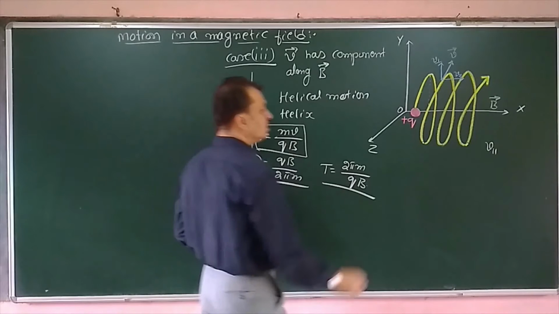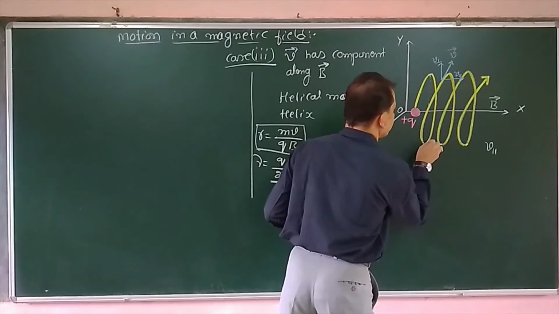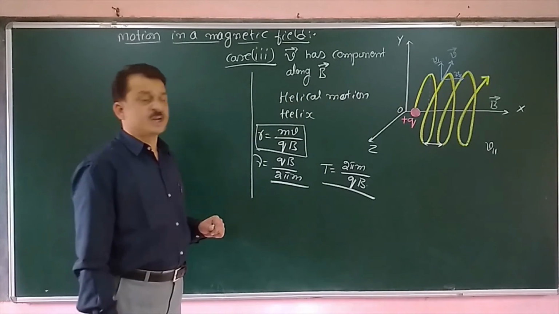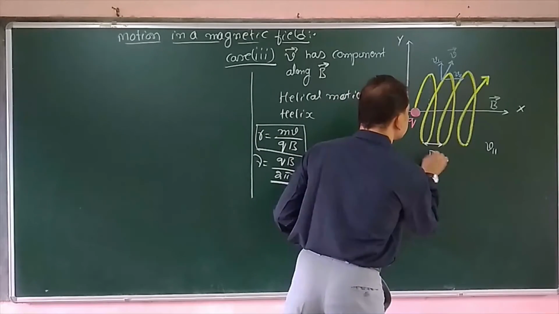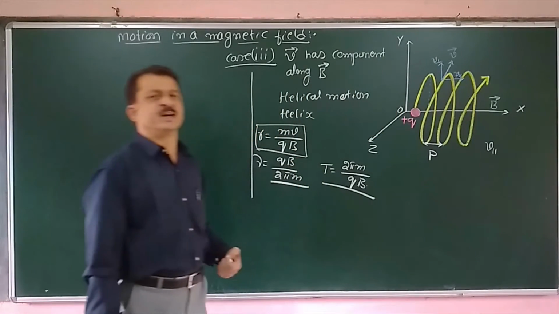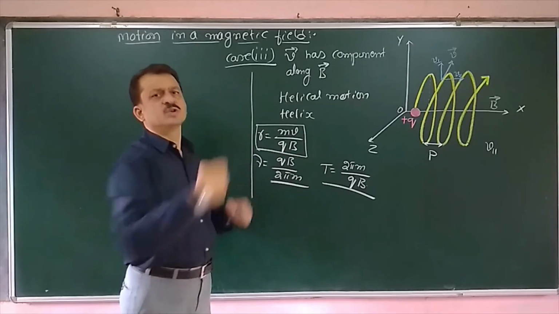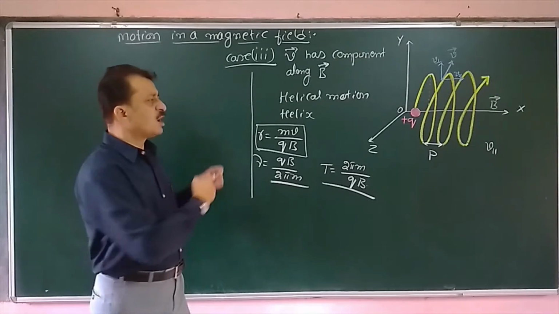So the distance traveled in one rotation along the horizontal motion is called pitch. In helical motion there is circular motion and horizontal motion. In one circular motion, how much distance is traveled in the horizontal direction?